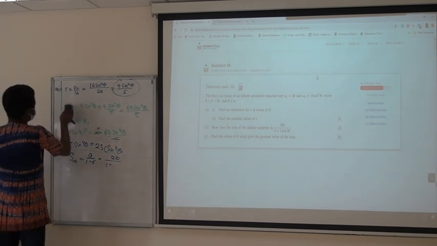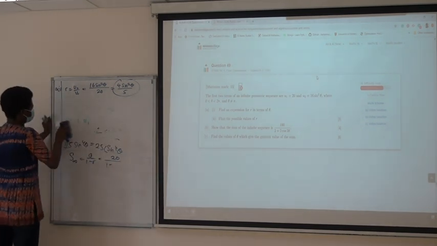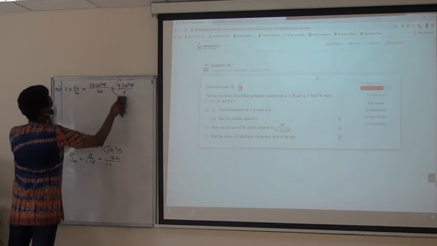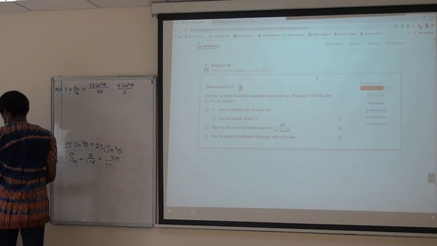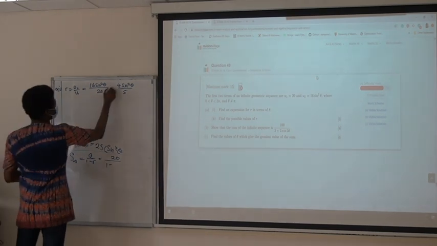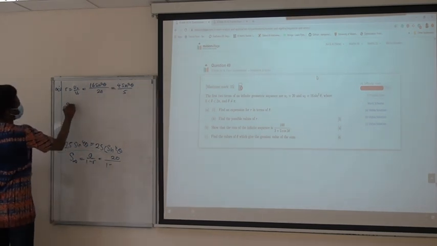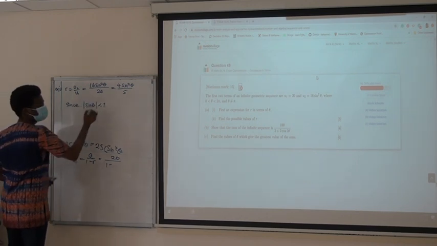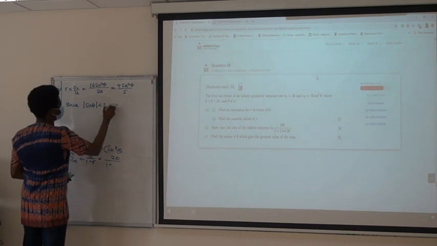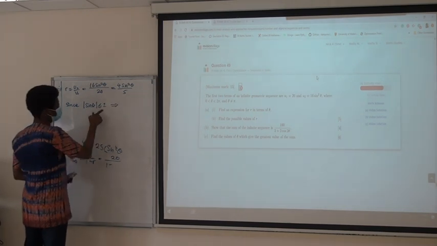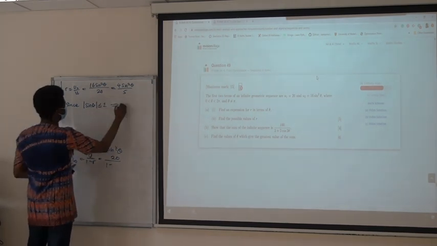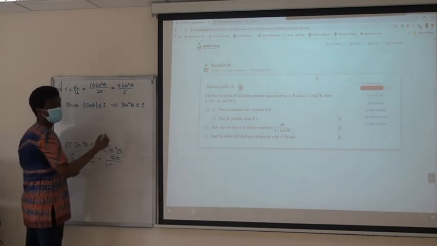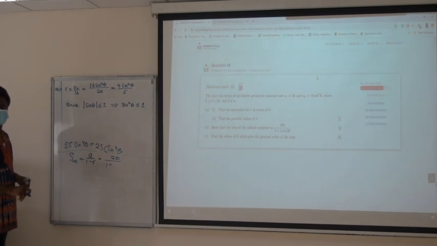So what we could have, based on the new information we're discussing now, is that since sine theta is less than or equal to 1, for sine, not for the r, it implies that the square is also less than or equal to 1. Agree?